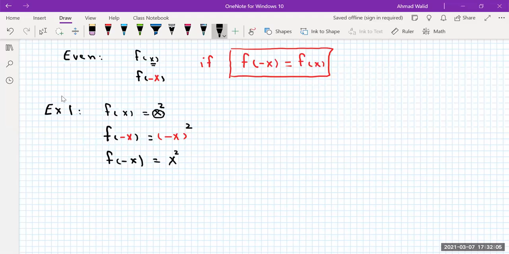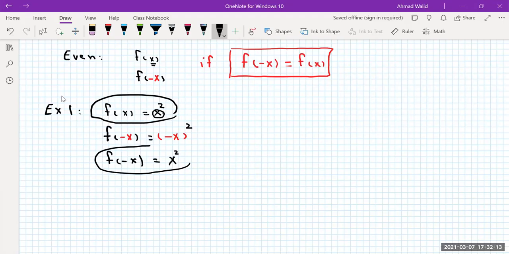Now, look at the given equation, which is f of x equals x squared, and look at the resulting equation when you replace x with negative x. What do you see? The right sides of both equations are the same. Remember this rule from beginner math?